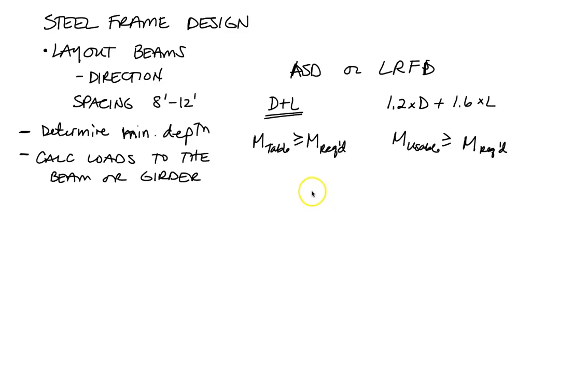Another way to think of this is that in design, the capacity always needs to be greater than or equal to the demand. And the demand is what's on the structure. So again, these over here would be thought of as the capacity of the element, the beam or the girder.